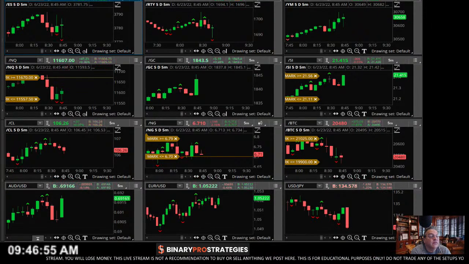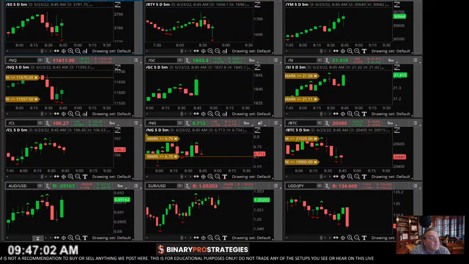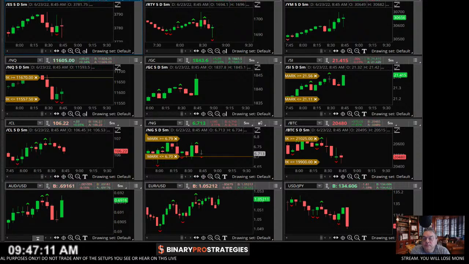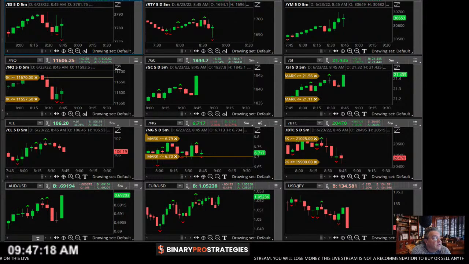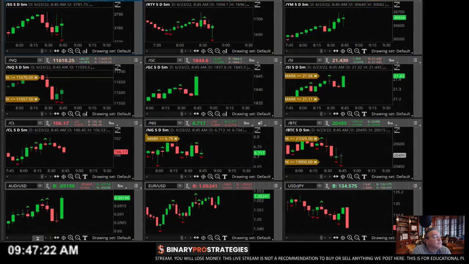Okay, natural gas looks like it's going to reverse here, so I'm going to go ahead and take a short reverse on that natural gas. That's going to put a new target down to 668.